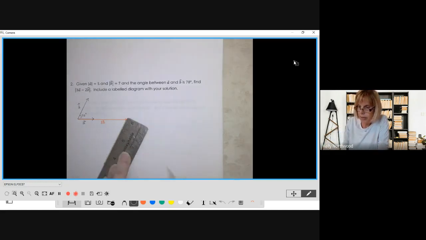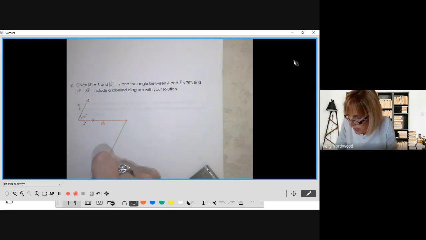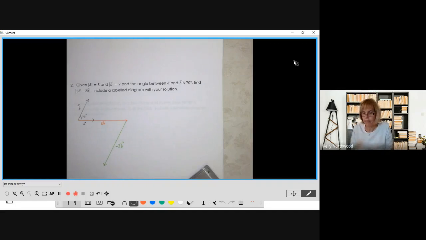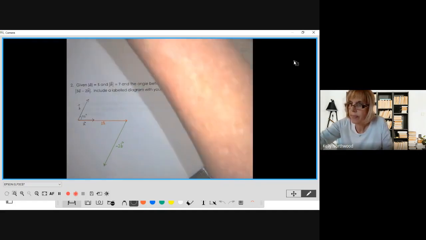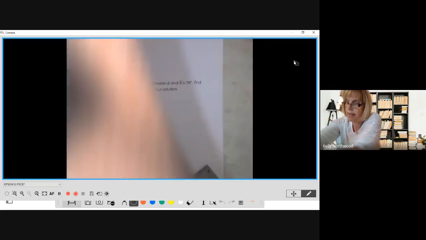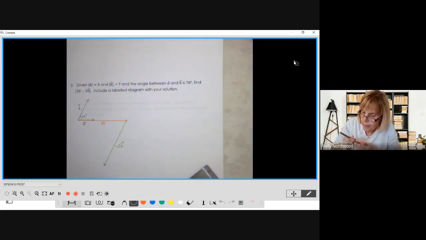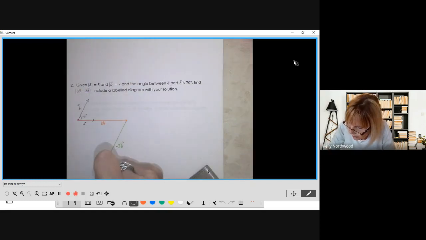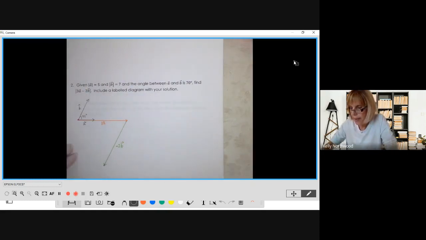It's about twice as long, maybe. So this is negative 2 vector B. And then my resultant vector is going to start at the tail of vector 3A and end at the tip of vector negative 2B.